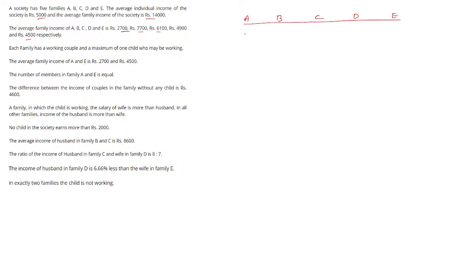So we can make the first row as average family income, and the next row is for number of persons.